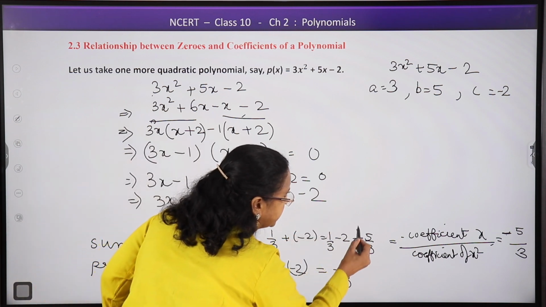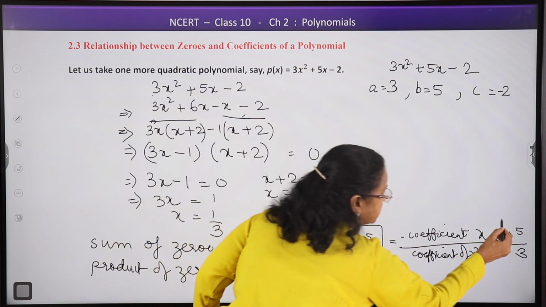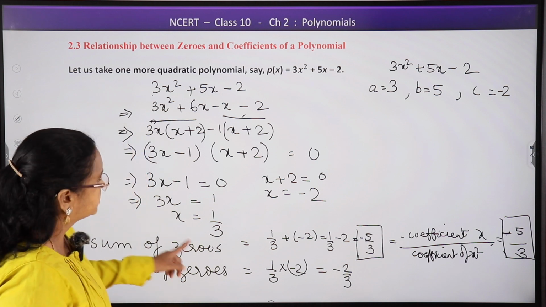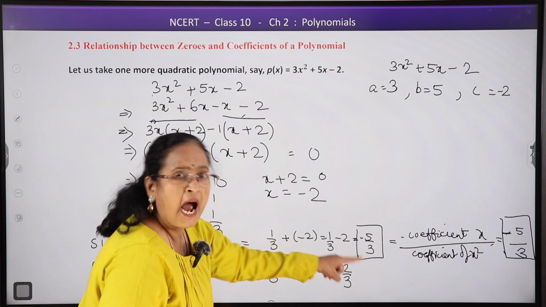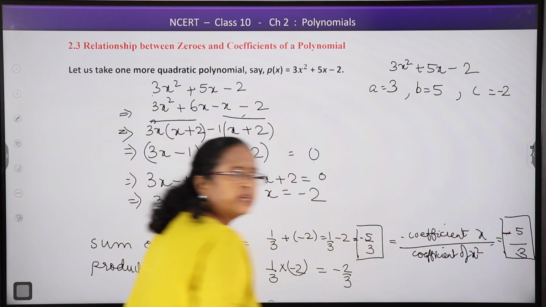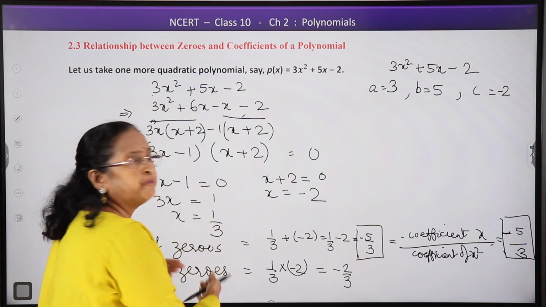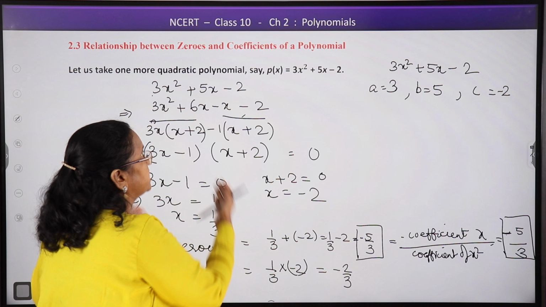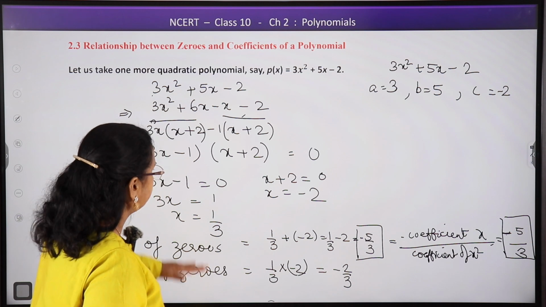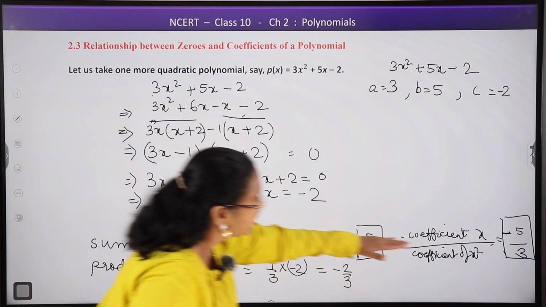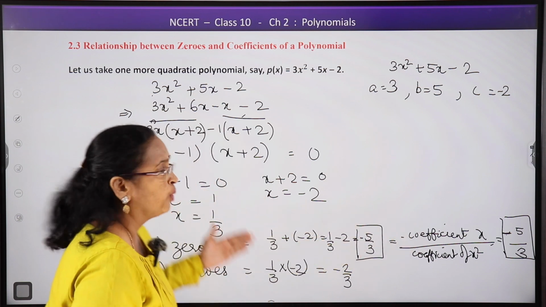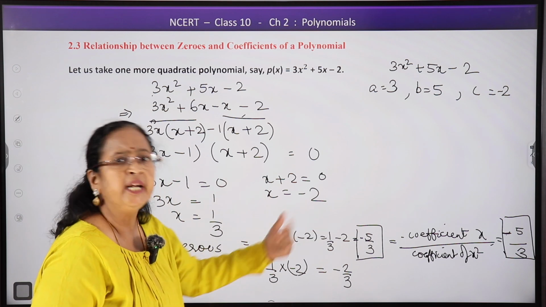Are we able to see that both the answers are matching? The sum of zeros is minus 5 by 3, and with the coefficients of x and x square, we are getting minus 5 by 3. This is the relationship between the zeros and coefficients of the polynomial. If you do the problem from the zeros and from the coefficients, you get the same answer. And this is what we need to show, the relationship between zeros and coefficients.